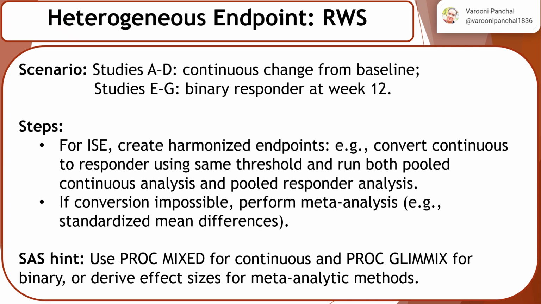Now if these endpoints, primary, secondary and exploratory, are not homogeneous, they are heterogeneous, then life is going to be a bit difficult, a tedious job trying to build up the harmonized endpoints, speaking with all the other stakeholders to come up with a common agreement as to what harmonized endpoints we are going to finalize in ISS and ISE.